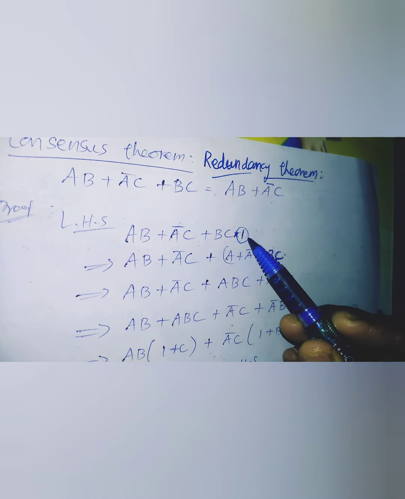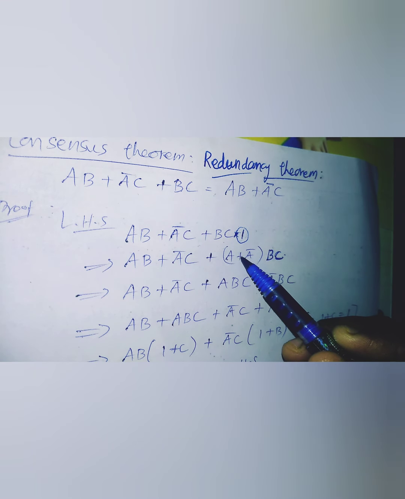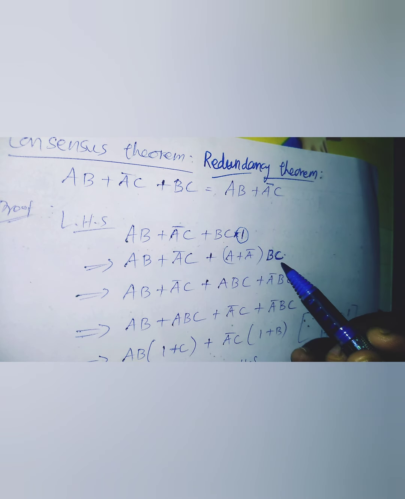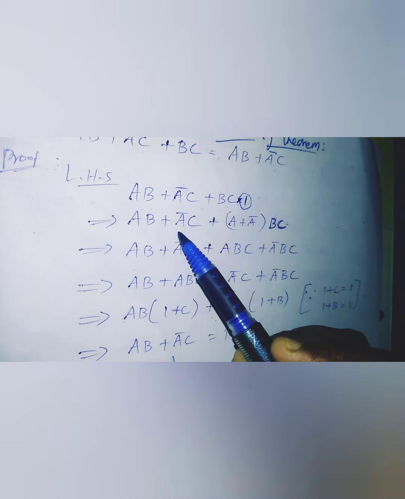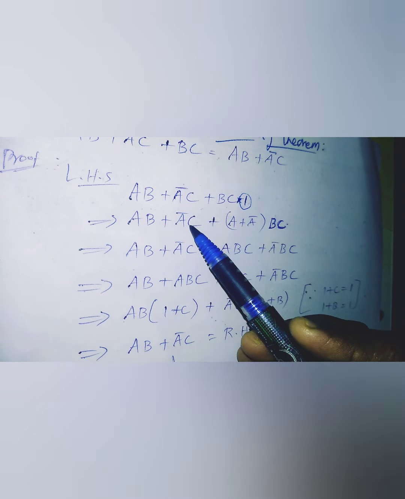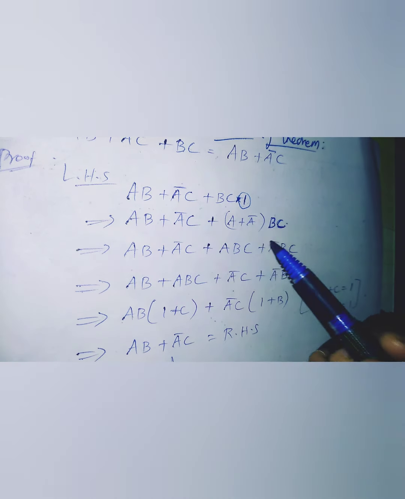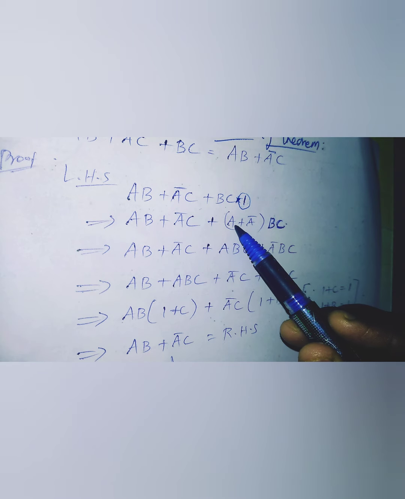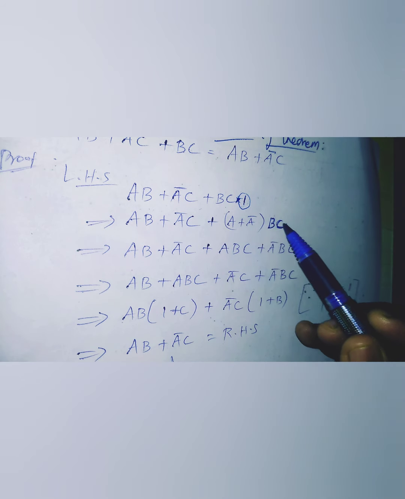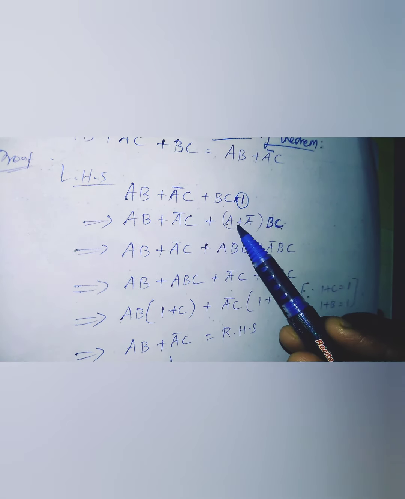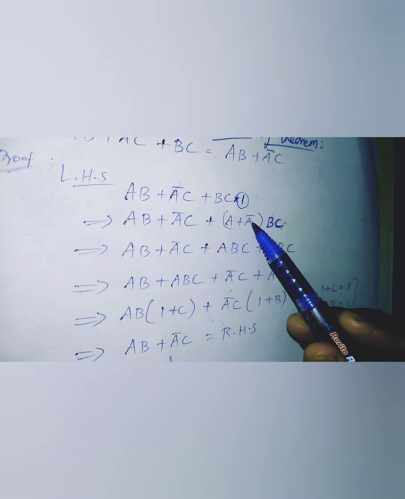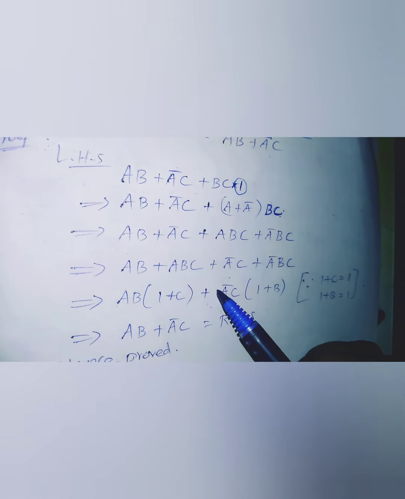The other two terms will come as they are, and multiply this A plus A bar with BC. See what it is: ABC and A bar BC.